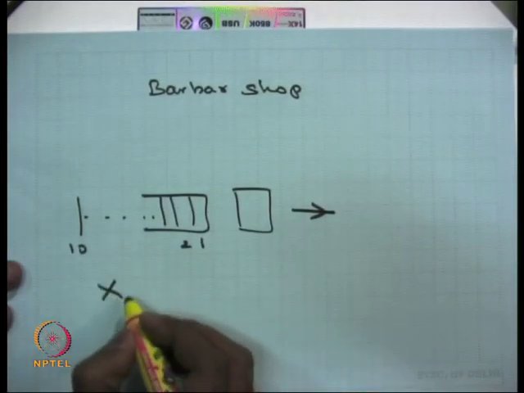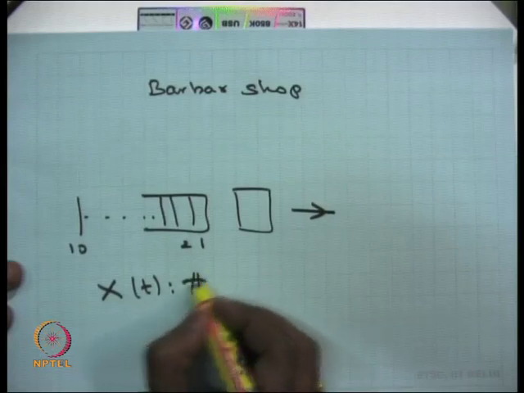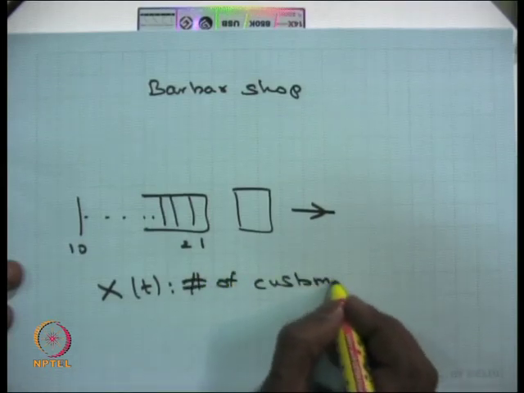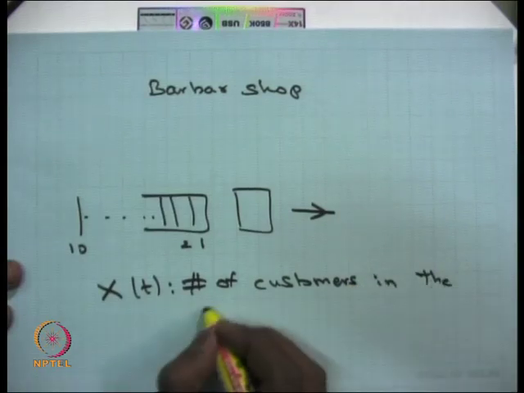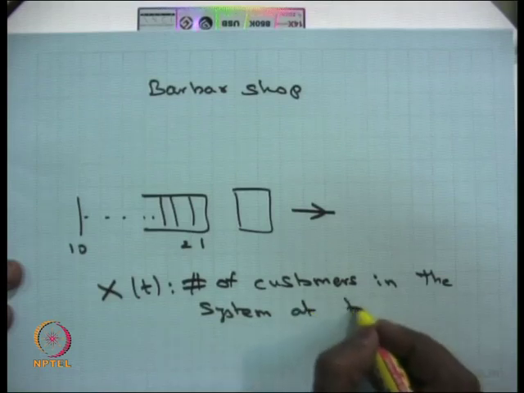Suppose you take the random variable Xt as the number of customers in the barber shop or in the system at time t.